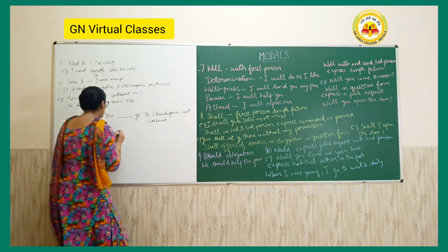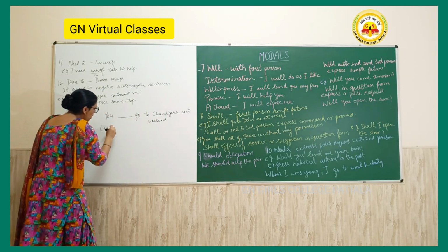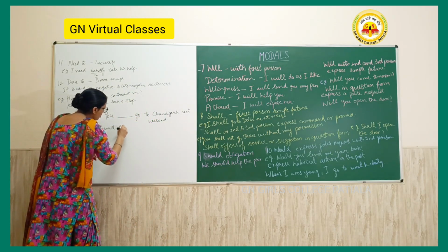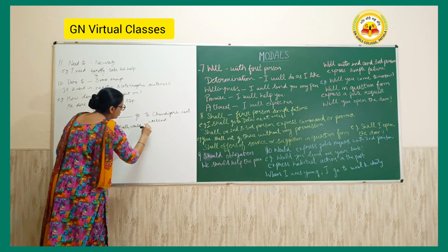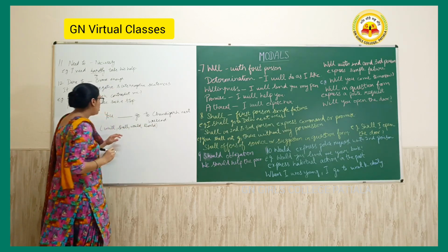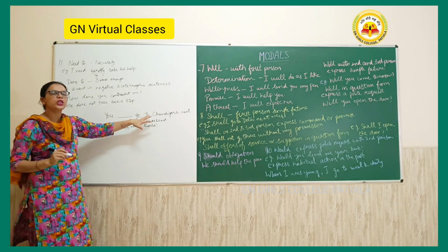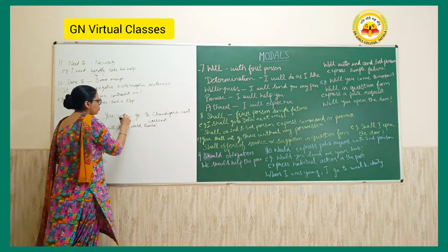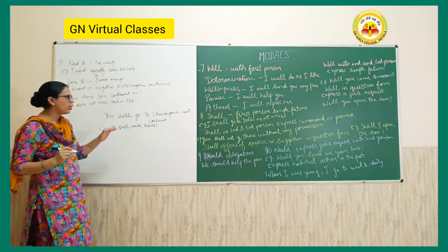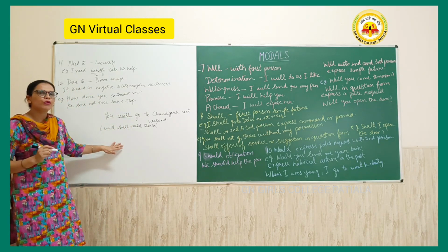Full stop, and the options are given: will, shall, would, should. From next weekend it shows, it represents the future. So we write here you will go. Okay, you will go to Chandigarh next weekend.